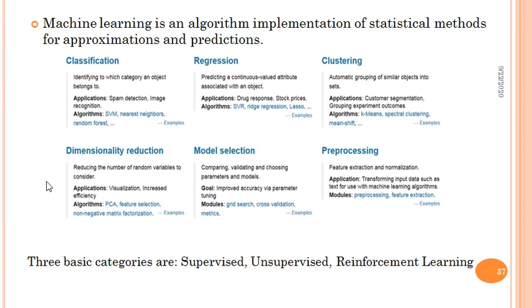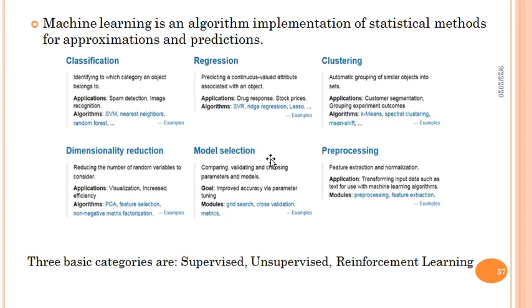If I talk about neural networks, especially a deep neural network, we usually have millions of parameters, and these parameters need to be tuned efficiently if I want good performance or higher accuracy rates. That comes under model selection, and it includes algorithms such as grid search, cross validation, etc.